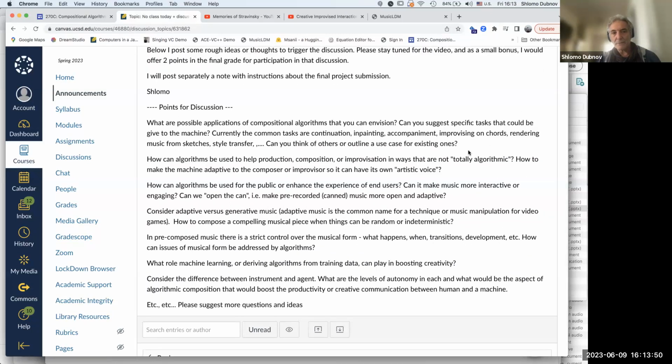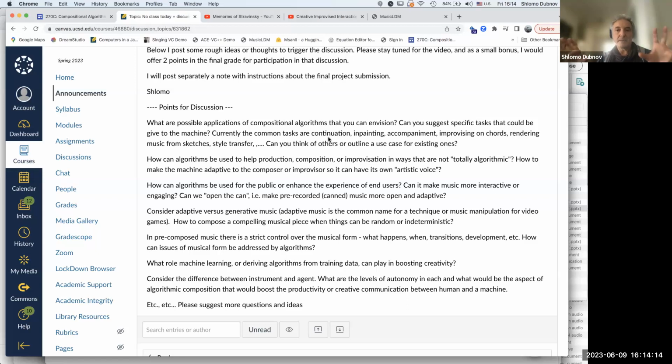The points for discussion were really, as I said a minute ago, possible applications of compositional algorithms. And that also involves an even broader question of relations between the human and the machine in a creative setting. I would say currently there are tasks like continuation and in-painting, which means finding and completing a segment.